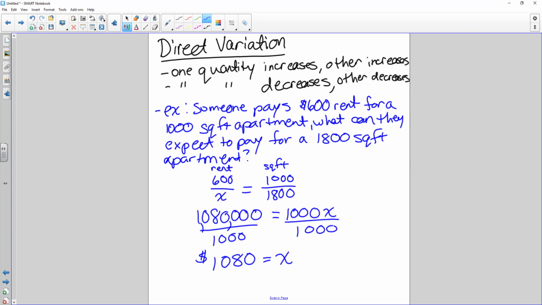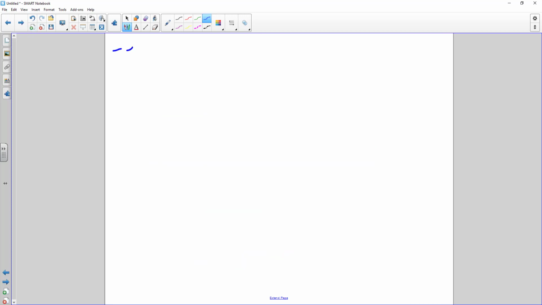Okay, let's do another one. This one will be a little trickier.